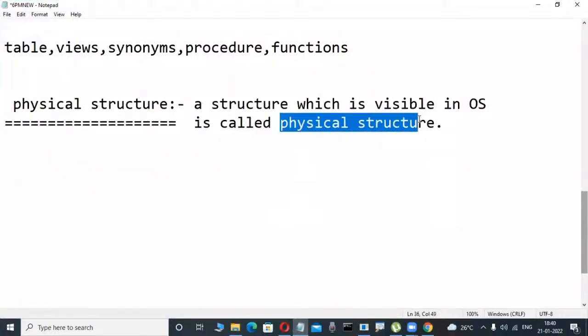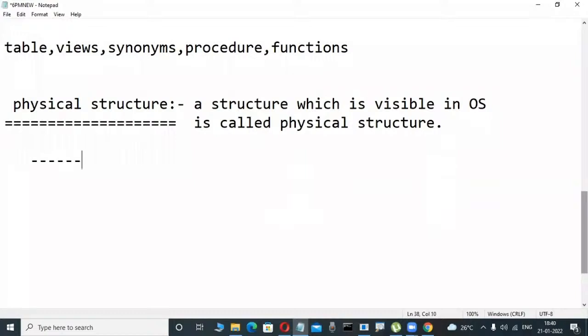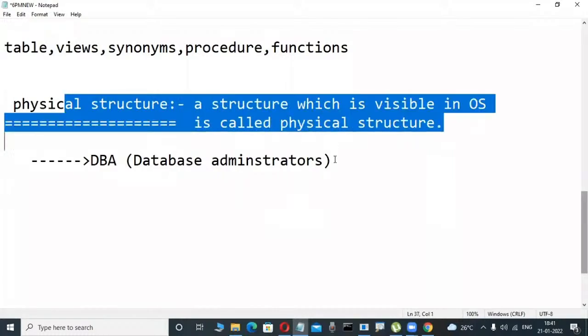But the physical structure is not what you and I work in. Some different type of persons work there: the DBA, the database administrator. In a project, database administrators are the persons working in the physical structure.